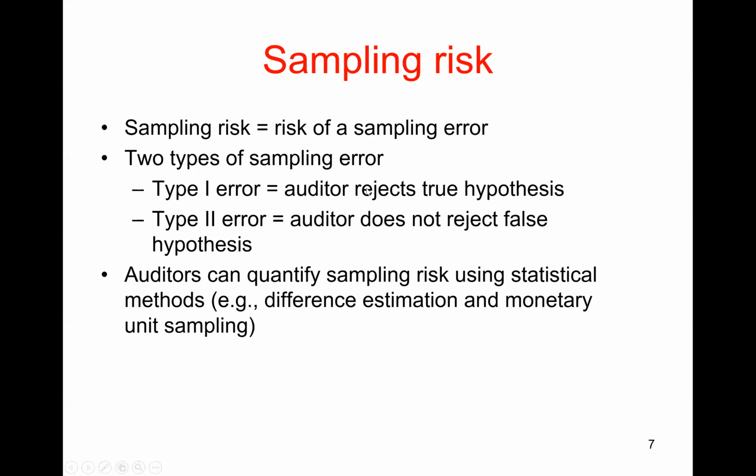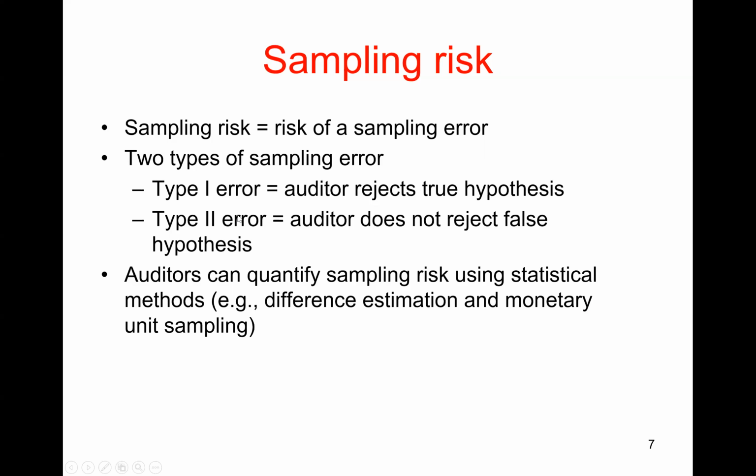If the auditor comes to the conclusion that the client has misstated sales, even though sales were not misstated, that is where the auditor is rejecting a true hypothesis. So this is a type 1 error. In this case, a type 1 error means that the client's financial statements are correct, but the auditor incorrectly thinks that the client's financial statements are materially misstated. So that's a type 1.